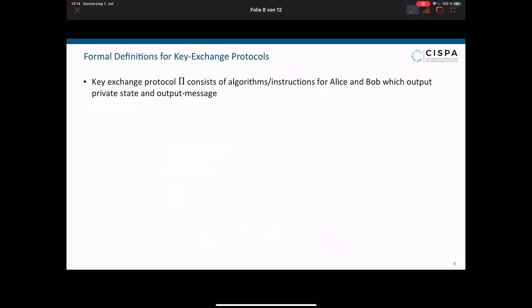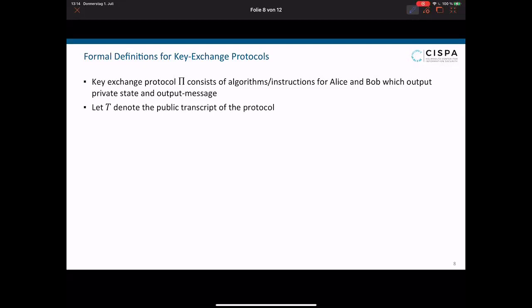So far, we've basically said, so here's first the syntax, and here's a protocol that does it. Here, for historical reasons, and because you've all probably seen the Diffie-Hellman key exchange protocol already, we've started with the actual protocol. But now let's try to formalize what a key exchange protocol actually is.